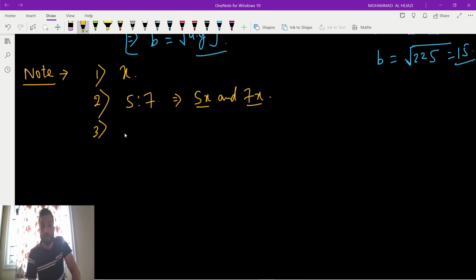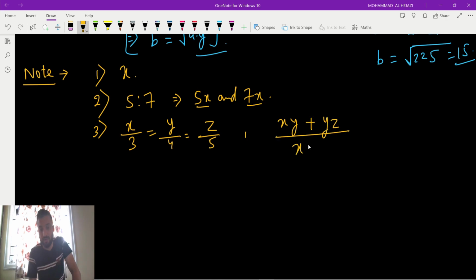if suppose they will give like this, x by 3 equals y by 4 equals z by 5, and you have to find the value of, suppose, xy plus yz divided by xyz. So what we have to do here is only one thing: find the value of x, y, z and substitute it here, so we'll get the answer.